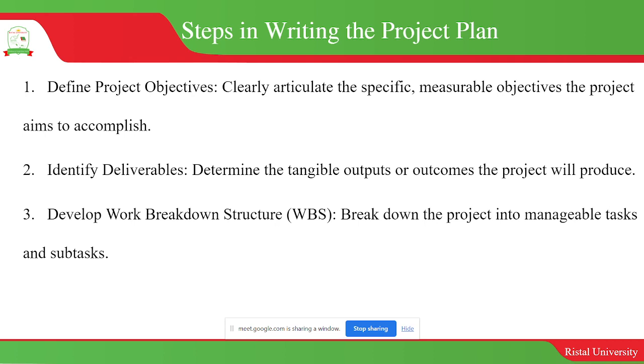What do you want to have at the end of the project? What are the outputs, which are basically the deliverables? And then break down the tasks that will have to be accomplished for you to reach the deliverables. So that means that you need to develop what we call a work breakdown structure.